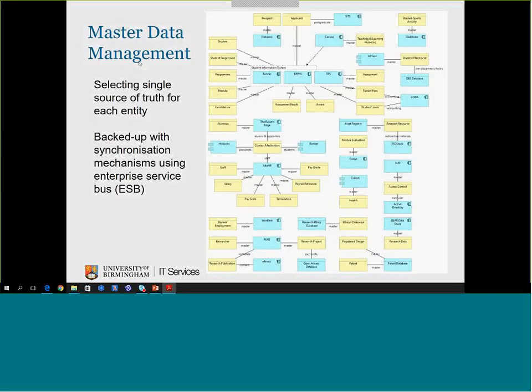We're also doing work on master data management. So this is just an example of some of the mappings of the information model to systems, in the approach of nominating systems as the master of particular entities.